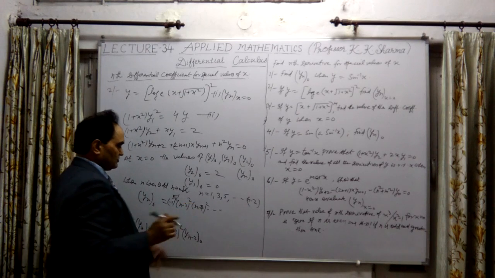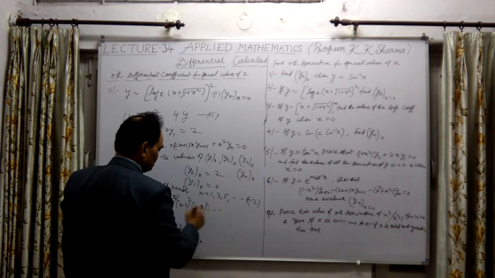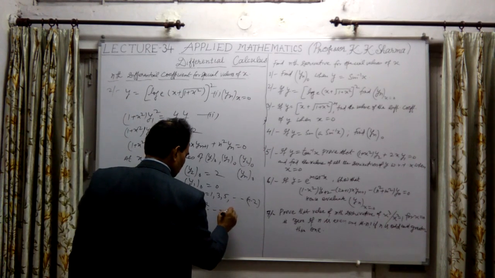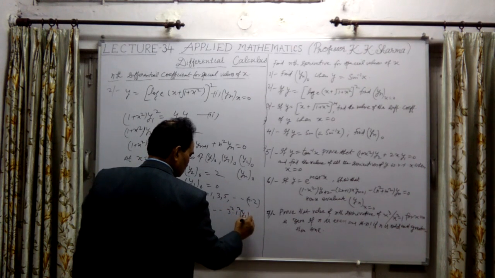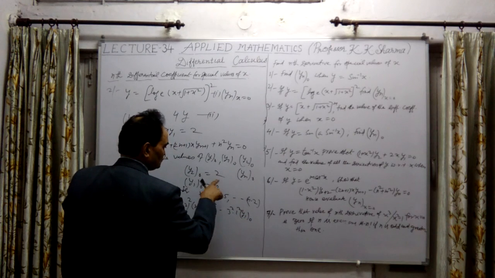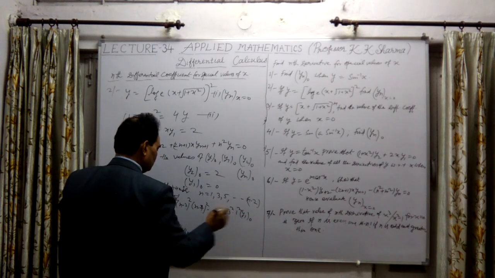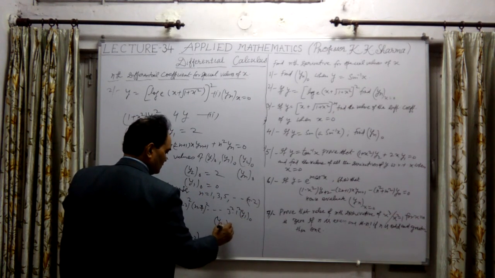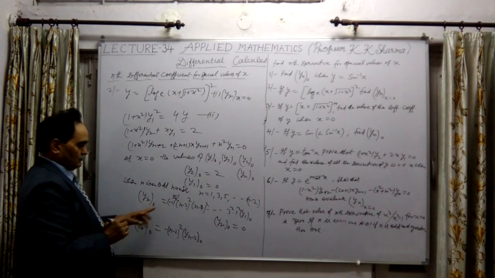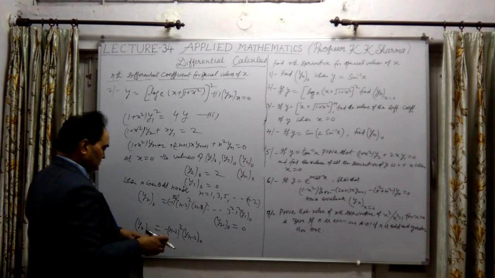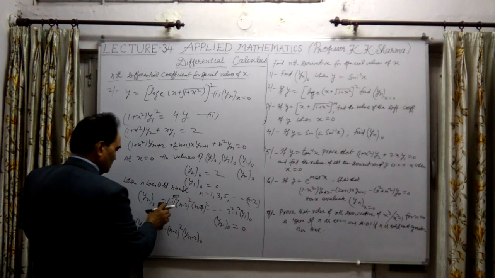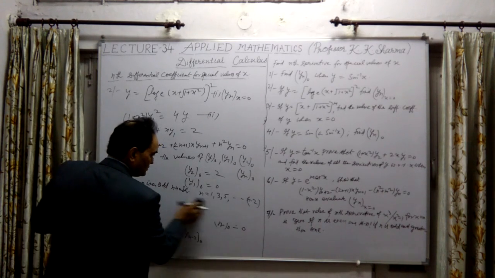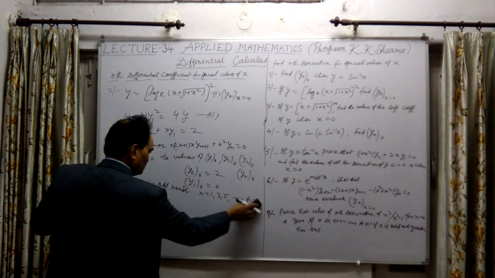These are the half terms, total terms will be n minus 1, up to the odd terms 3 square, 1 square, this is y1, 0, but y1, 0 is 0, so this whole term will be 0. So yn for odd numbers is 0. Now what are the even terms?